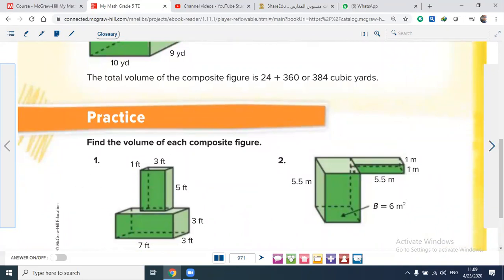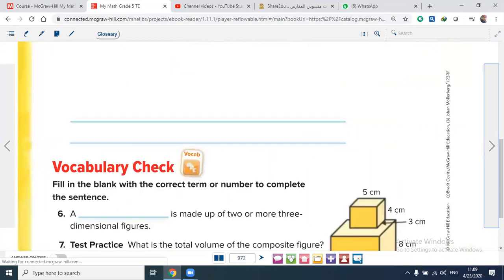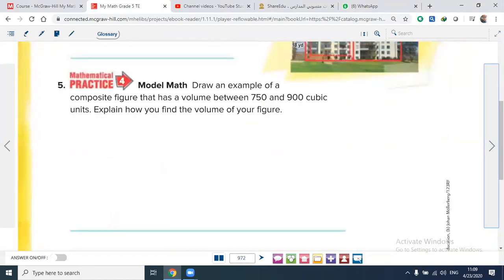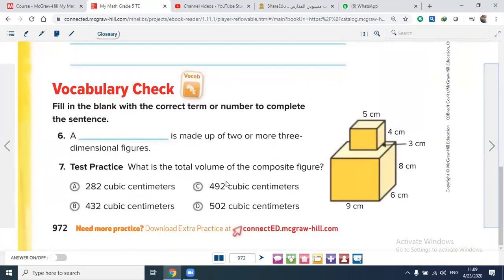On page 972, just answer number 3, skip 4 and 5, and then answer 6 and 7. So your homework is on page 971, and page 972, questions number 3, 6, and 7.